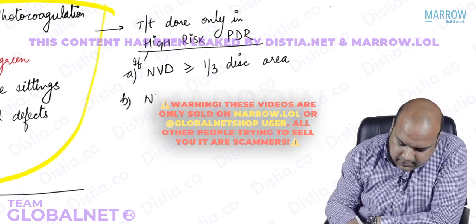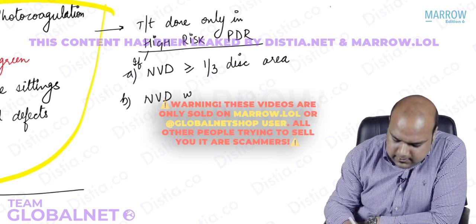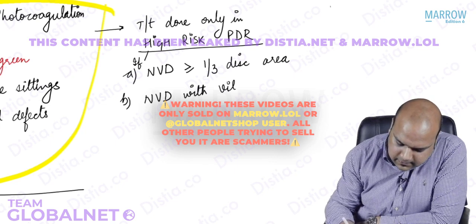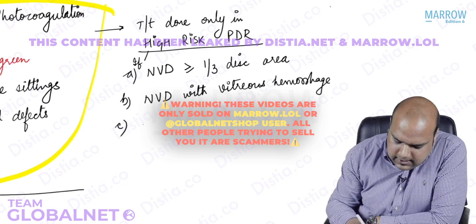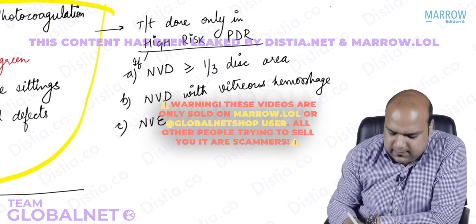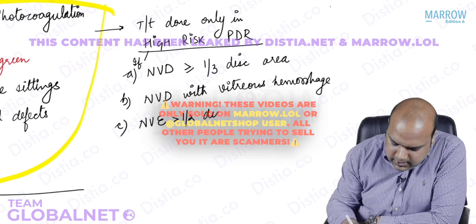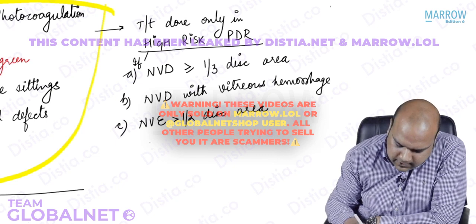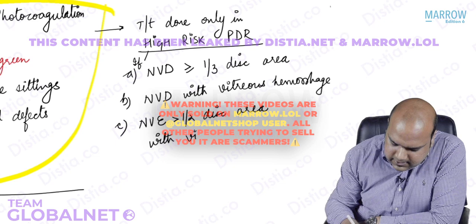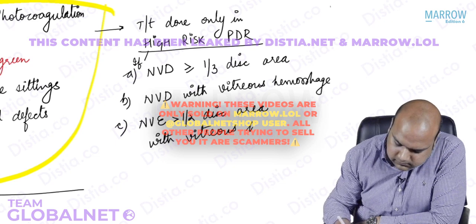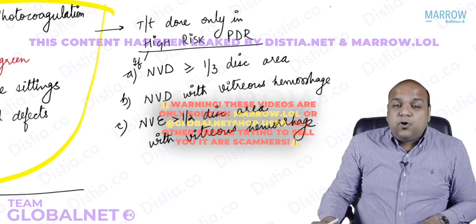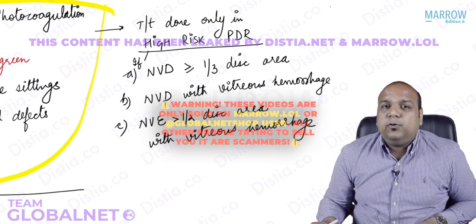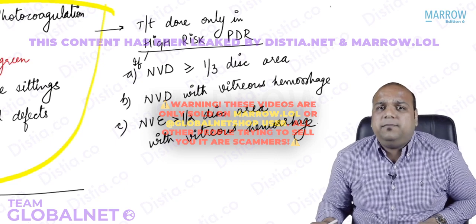B, neovascularization of the disc with vitreous hemorrhage. C, neovascularization elsewhere greater than 1/2 disc area with vitreous hemorrhage. Okay, everybody. So only under these three conditions are we going to treat PDR with photocoagulation or with anti-VEGF drugs.